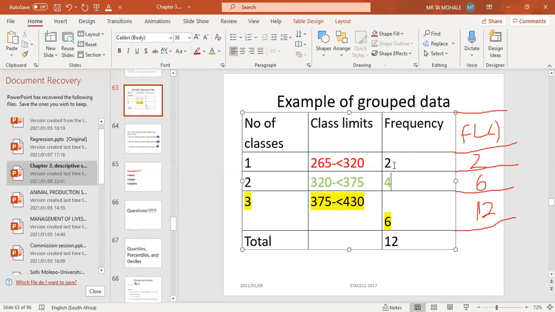Like I said, there are 4 quarters. So Q1 is the first quarter, and the first quarter of 12 is 3. So 2 plus a certain value, we must get 3. A certain value that we are going to take from this 4, and that value will be 1. Therefore, that value, which is 1, we patch it with 2, we get 3, which is the first quarter, meaning that they are very close to one another.